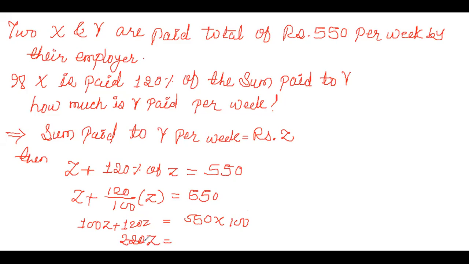So Z is equal to 550 divided by 220 into 100, that is 5 divided by 2 into 100. So how much? 250. So Y gets 250 rupees per week.